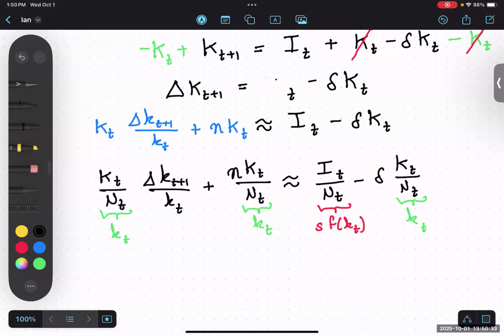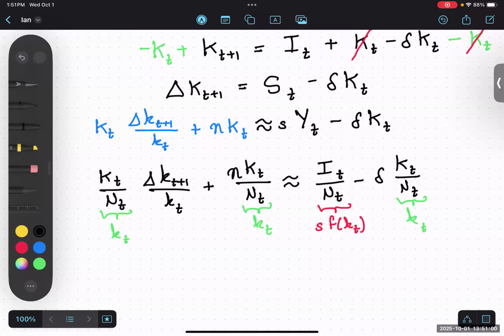So if you replace not only subtract Kt, but also replace investment for what we assume that investment is, in this case, savings, that should be the step that you should get at that point. And in this third equation, you can also say, well, we know that savings are, in fact, just a fraction of GDP.